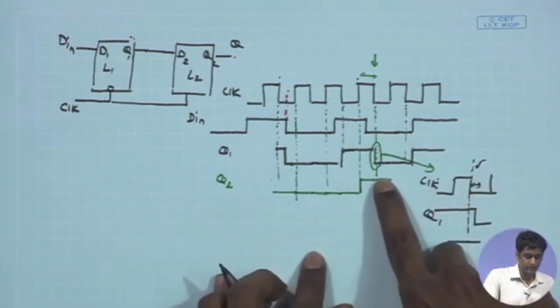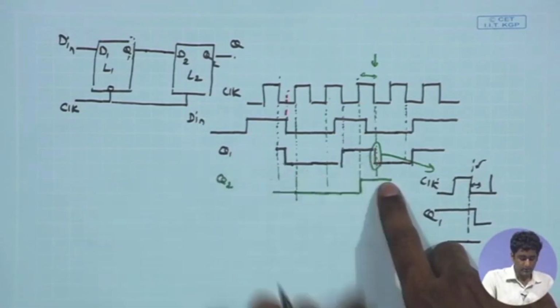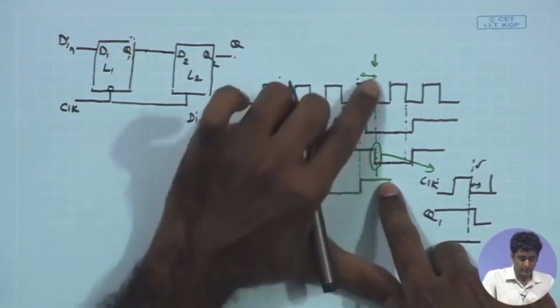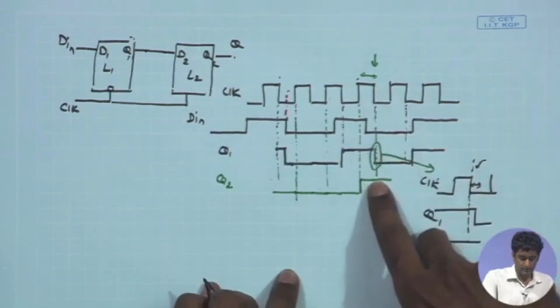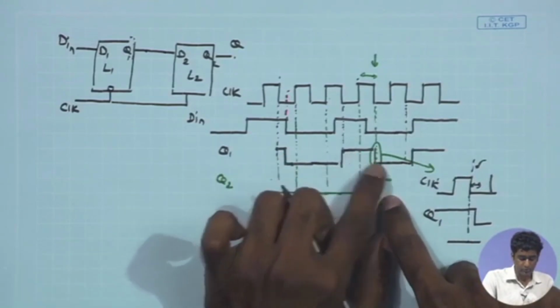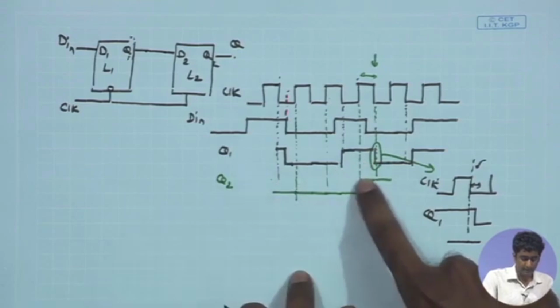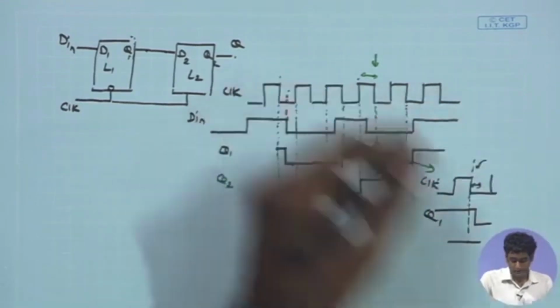Therefore, here we are seeing that for the Q2 latch, whatever data level was available just before the falling edge of the clock will be retained, and that is the value of Q1 which was available before the falling edge of the clock. So, that value is going to be retained over here till the next positive edge of the clock comes.